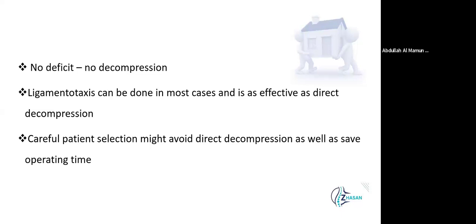If we want to avoid direct decompression and save our operating time, we have to sort this patient very carefully, and a CT scan is a must. It is a must to determine the fracture type, so that you can plan your treatment strategy and fixation construct as well as the decompression technique. Thank you.